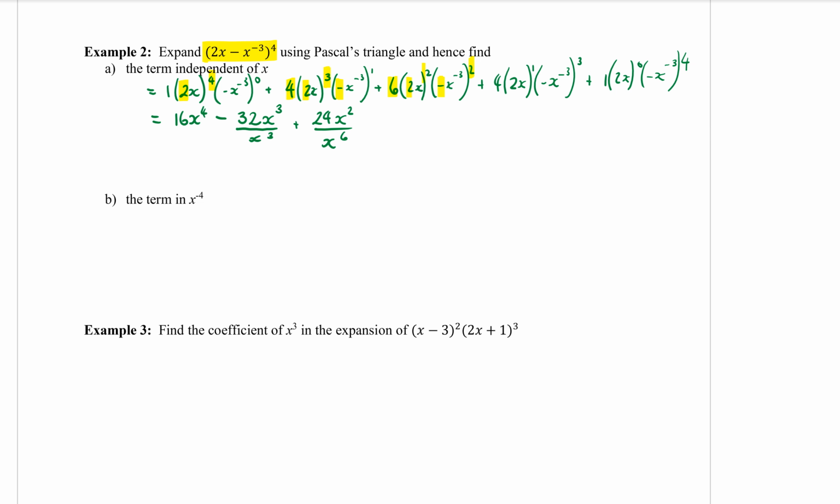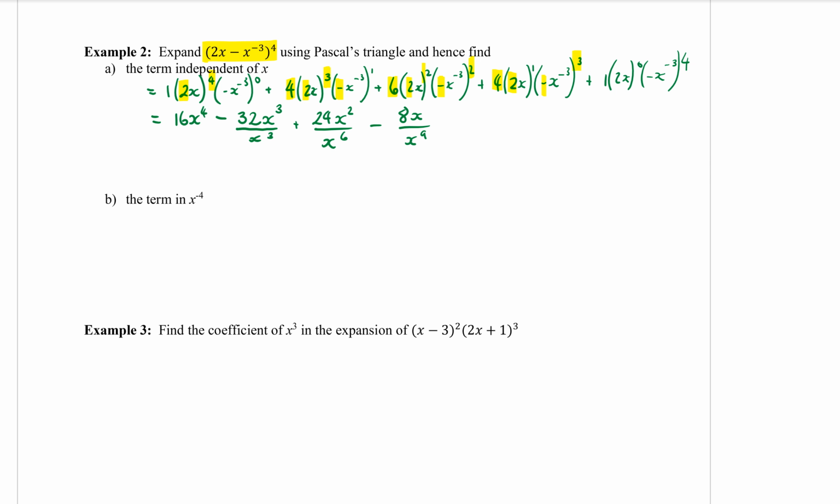The next bracket, my minus sign is an odd power again, which means it will be negative. I want to do 4 times 2, which is just simply going to be an 8. I'm going to get x from the first bracket. From the second bracket, I have -3 times 3, which is going to be a -9, or x to the positive 9 on the bottom of the fraction.